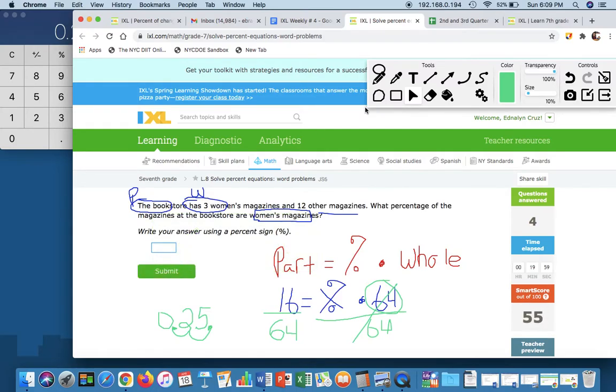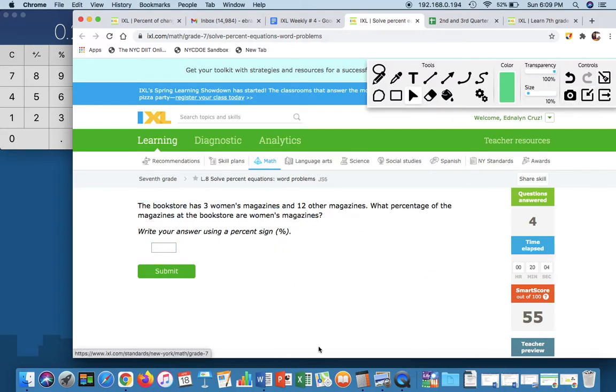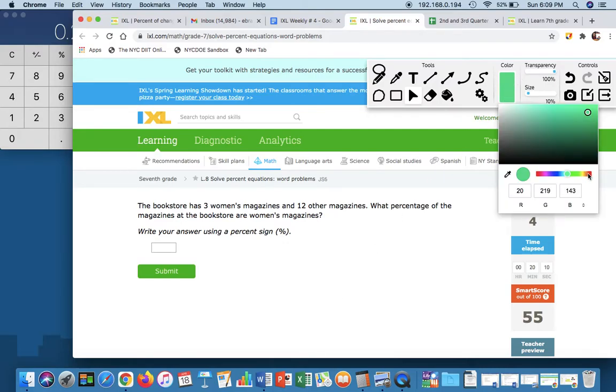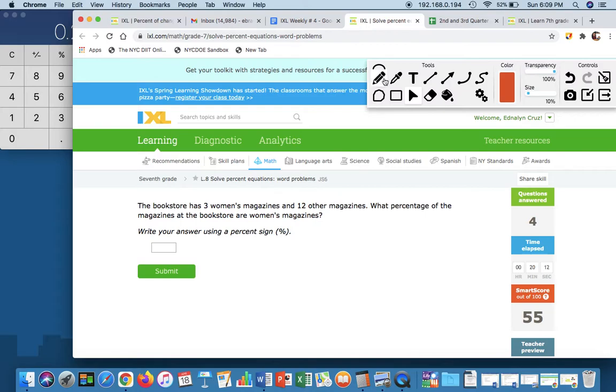Okay, now let's look at another problem, because sometimes the problem doesn't tell us how many there are in total. So let's now look at this one, and now I need to remember my equation of part is equal to the percent times the whole.